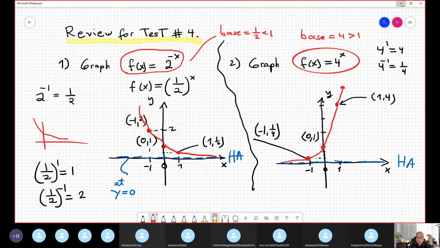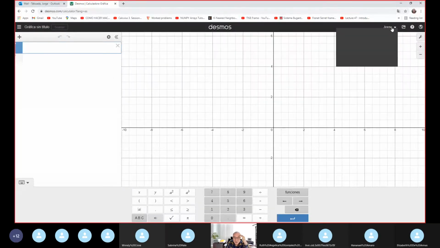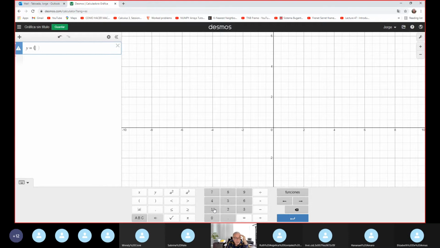Let me find the decimals page, a new page. Suppose the first one is y equal to (1/2). Let me share my screen for the decimals. Now I suppose everyone sees the decimals page. Y equal parentheses 1/2.